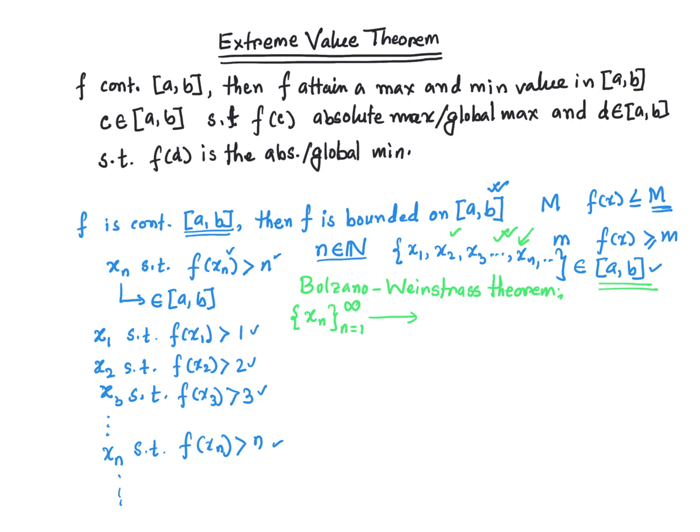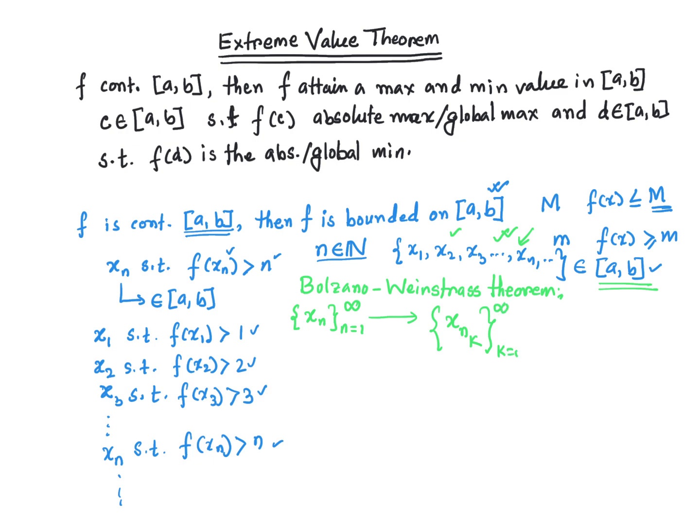We can create another infinitely many numbers from this sequence, which is going to be a subsequence that is going to converge. That is to say, we can find x sub n sub k, another sequence, k goes from 1 to infinity.